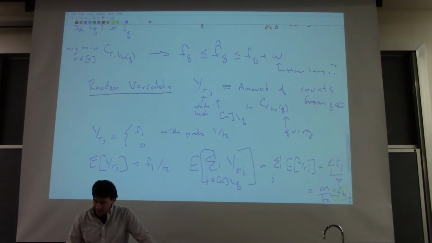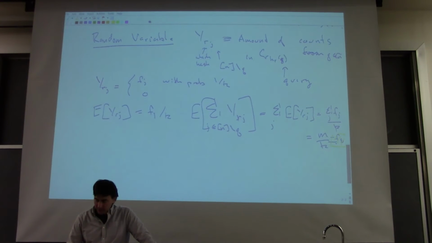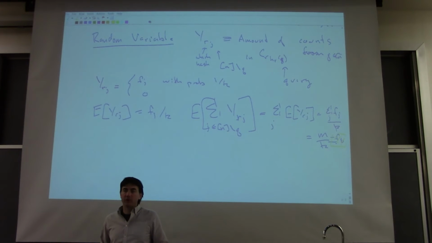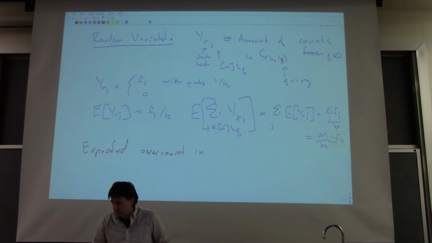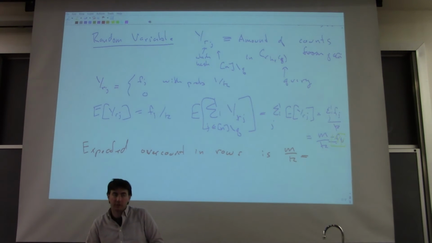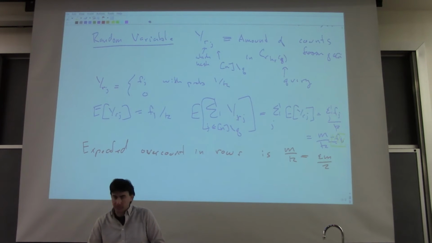Okay, so the expected effect, the expected overcount of all the other counters. So now I can say something like: what this is saying in words is the expected overcount in row r is going to be m over k, which, if we remember, by setting k equals 2 over epsilon, is going to be epsilon m over 2.